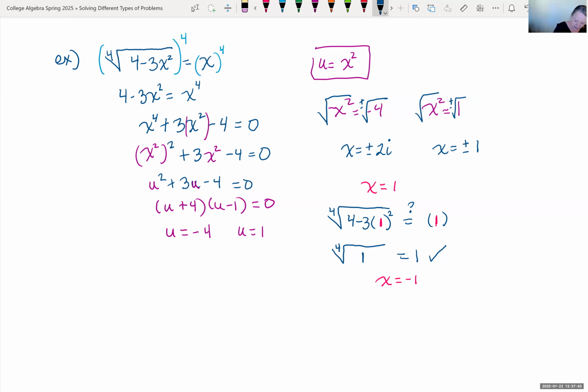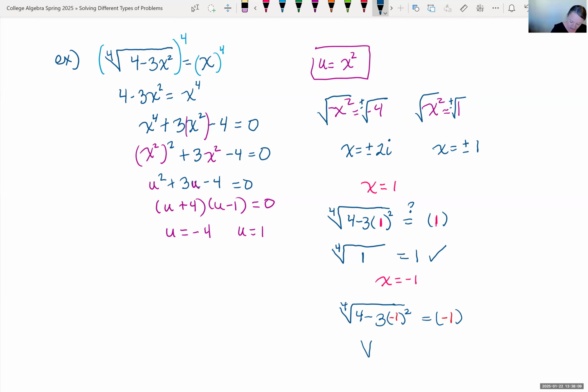So going back, now looking at -1, we have the fourth root, putting in parentheses wherever we see an x in the original equation. 4 minus 3 times parentheses, quantity squared. Is this equal to the parentheses? Drop in -1. Well, if I square that -1 underneath that radical, that's +1. So I'm actually getting the same thing that I had gotten before.